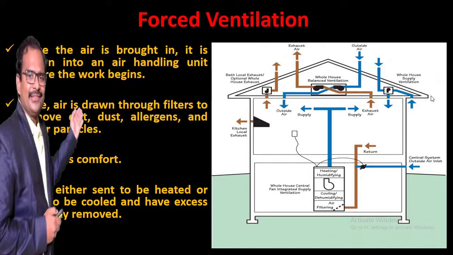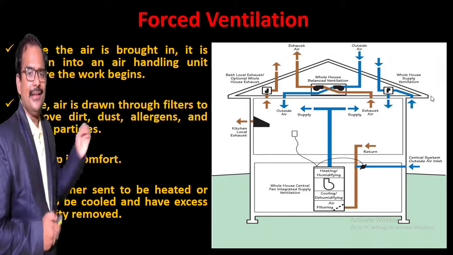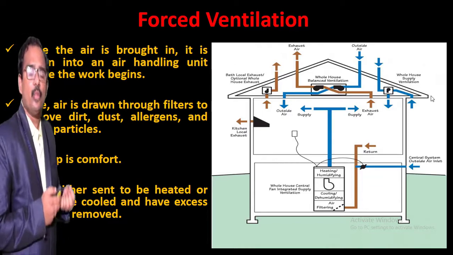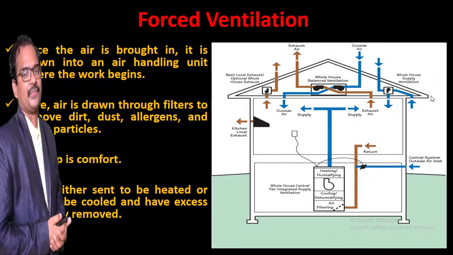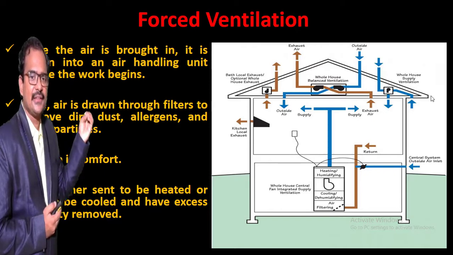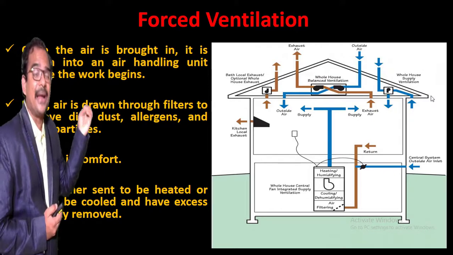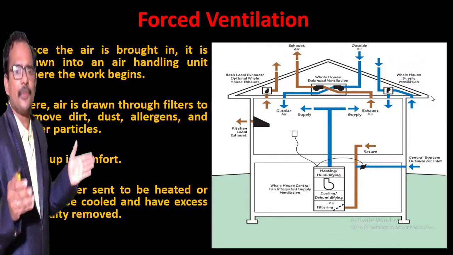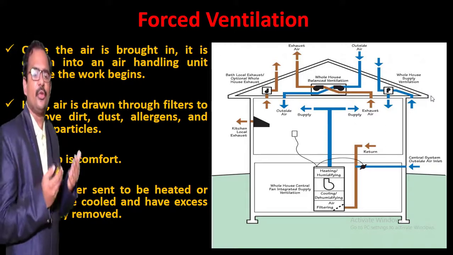Now let's see. Once the air is brought in, it is drawn into an air handling unit where the work begins. Here, air is drawn through filters to remove dirt, dust, allergens and other particles. Next up is comfort. Once you filter the air from all the dust particles, you require comfort.